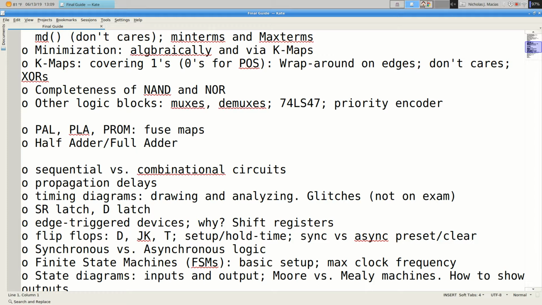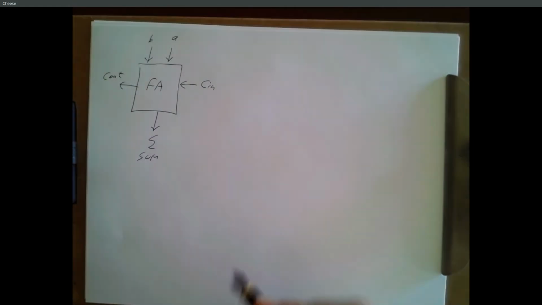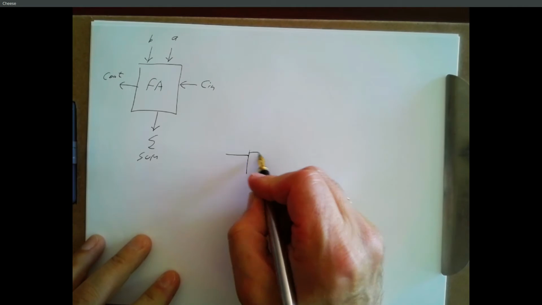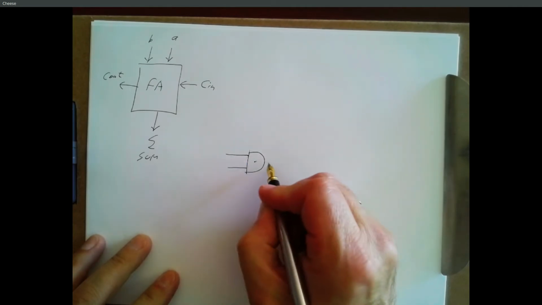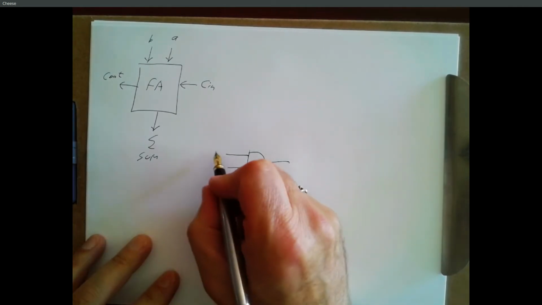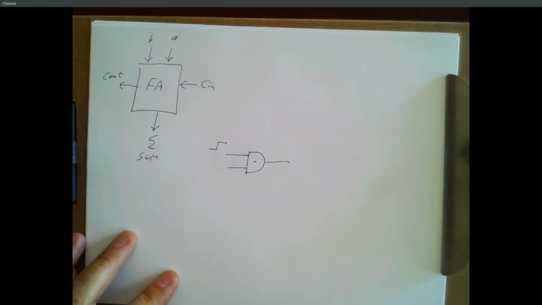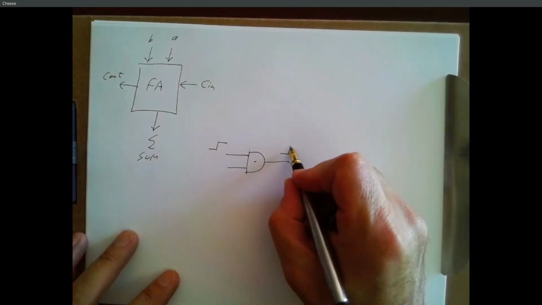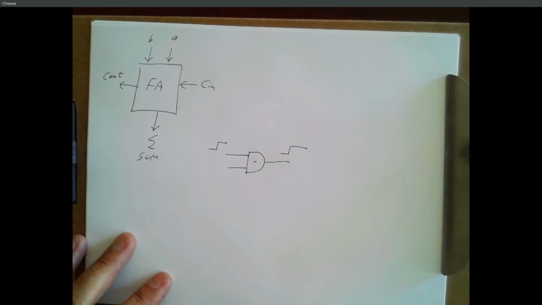So we started talking about propagation delays, and basically just be aware that if you have any kind of physical gate, when one of these inputs changes, the output doesn't change right away. It actually takes a little bit of time.